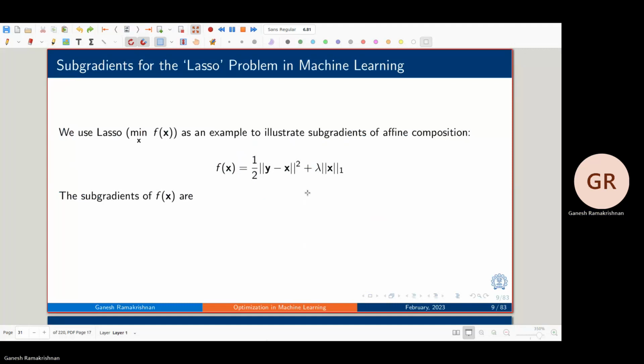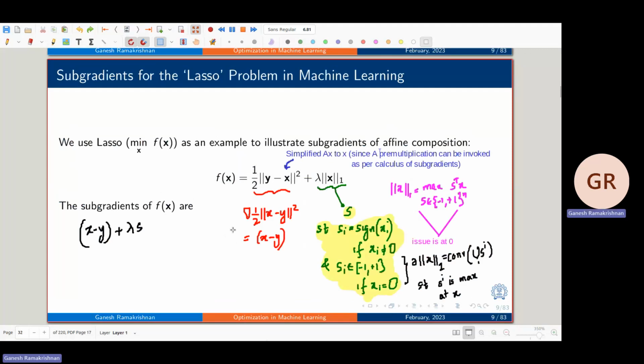You'll basically have x minus y. This will be just x minus y, simply by applying subdifferential to be the sum of the subdifferentials.